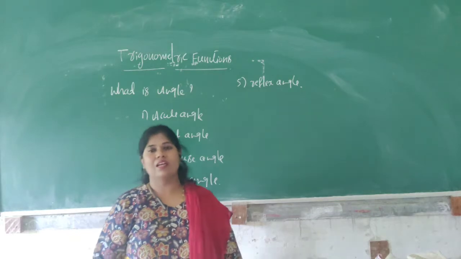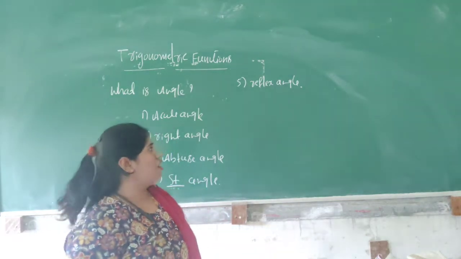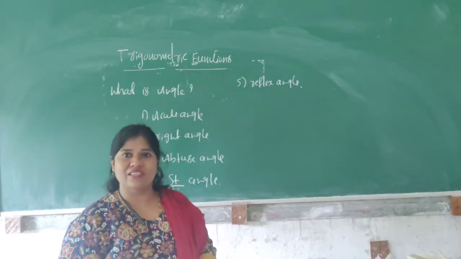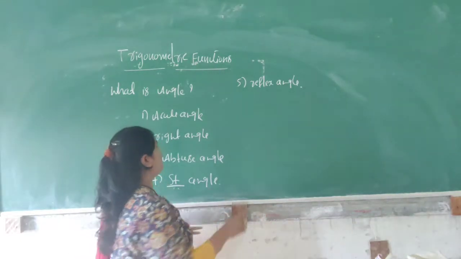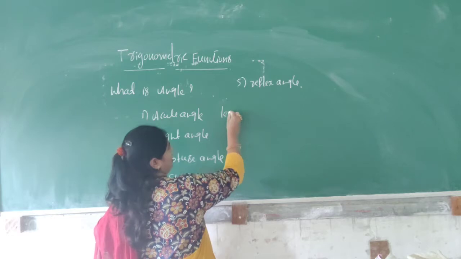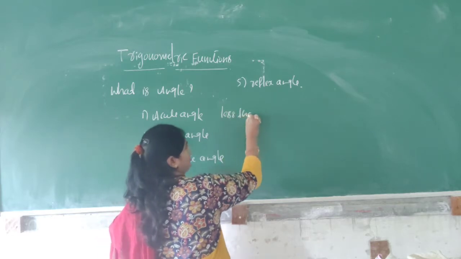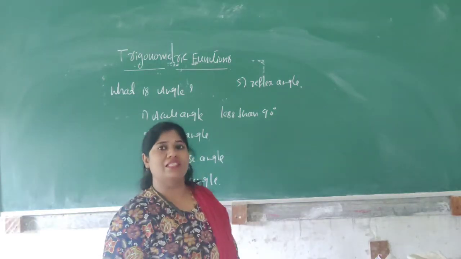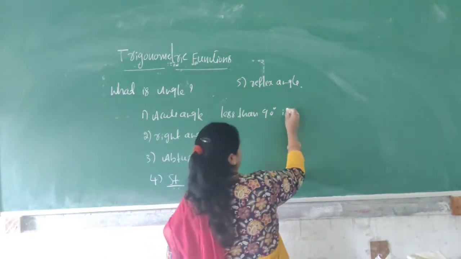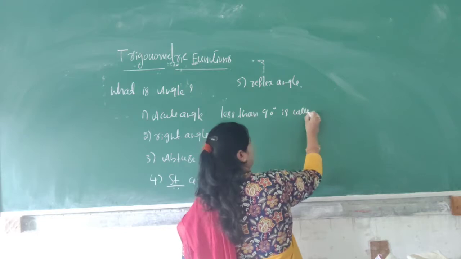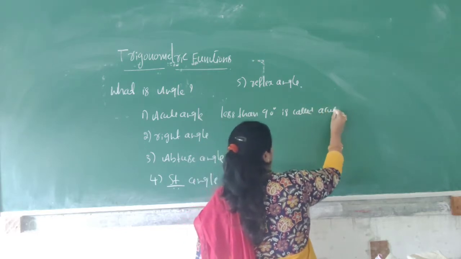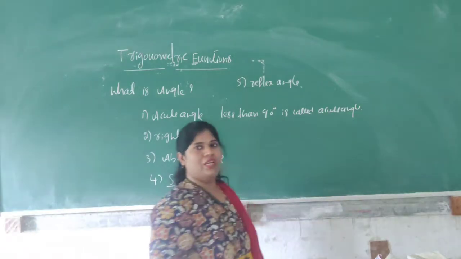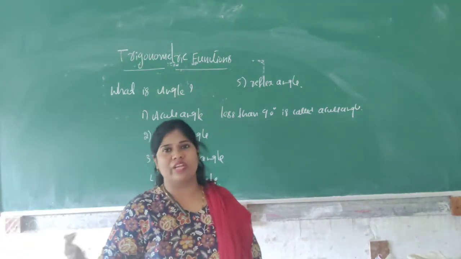You know acute angle. An angle which measures less than 90 degree is called acute angle. So you may give examples between 0 to 90 degree.